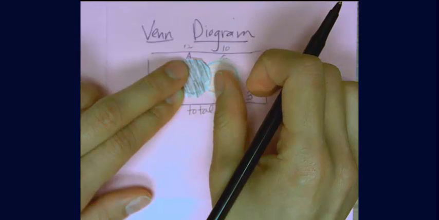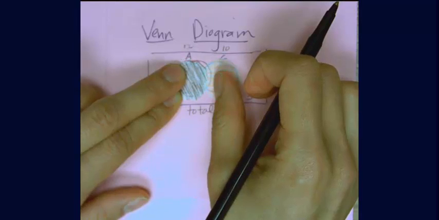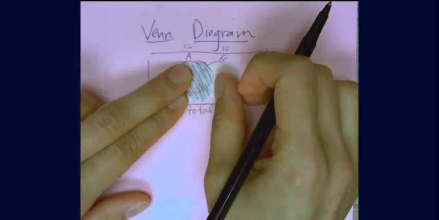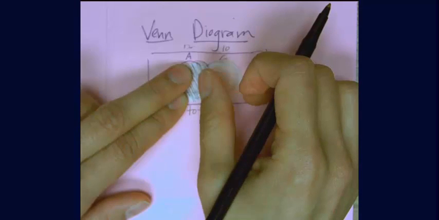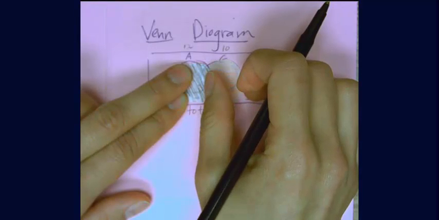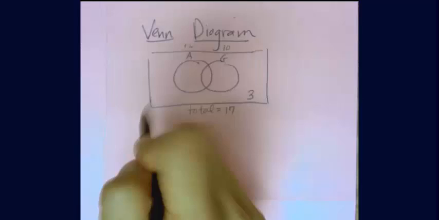So in order to get the number of people who taught either algebra or geometry, in other words, the union, you can take the number of people who taught algebra plus the number of people who taught geometry, but then you have to subtract the number of people in the middle, the intersection, the people who taught both algebra and geometry.